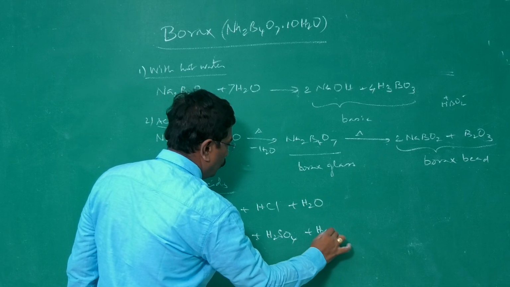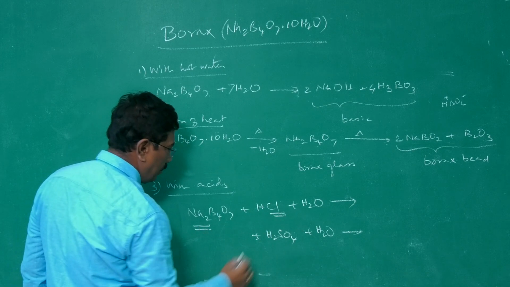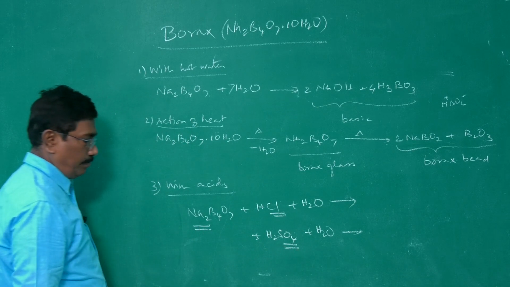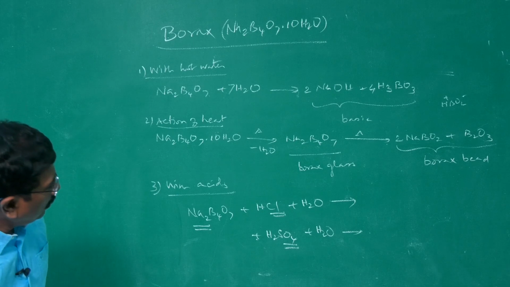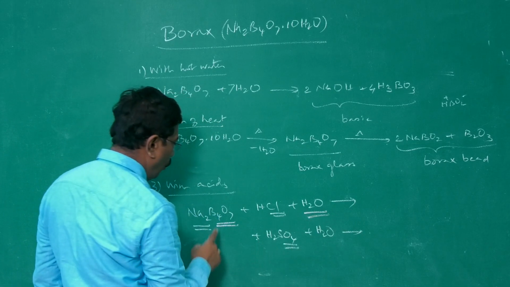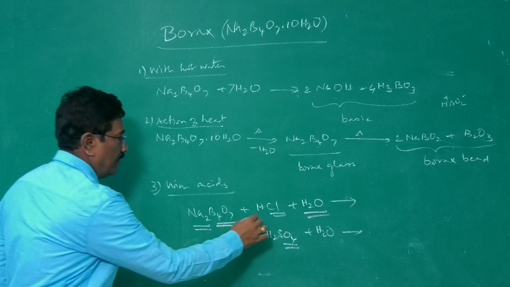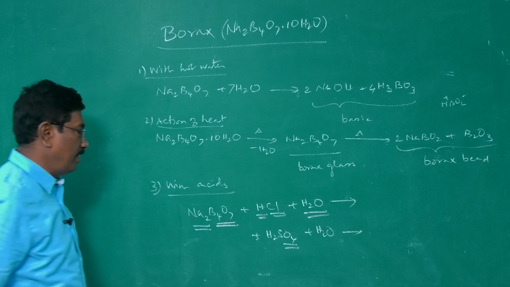It involves water also, because sodium forms sodium chloride or sodium sulfate, and the boron here forms boric acid. Several oxygen atoms and hydrogen atoms we need, and therefore water is also involved in the reaction.